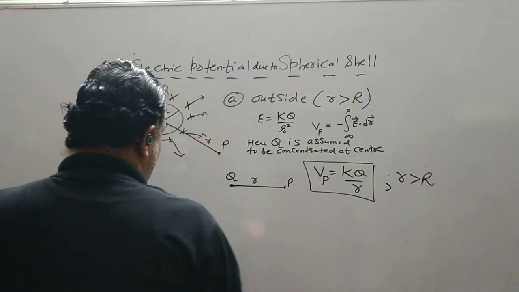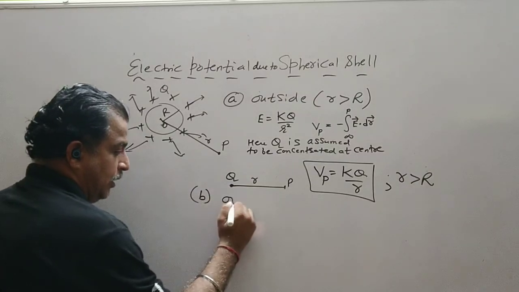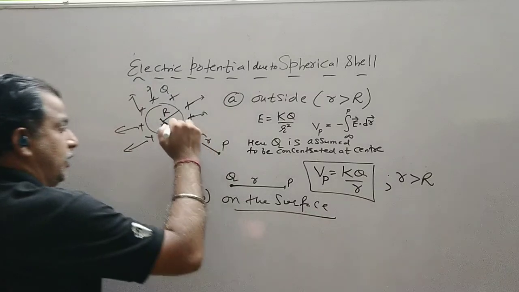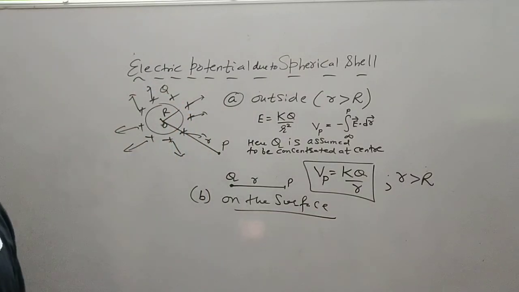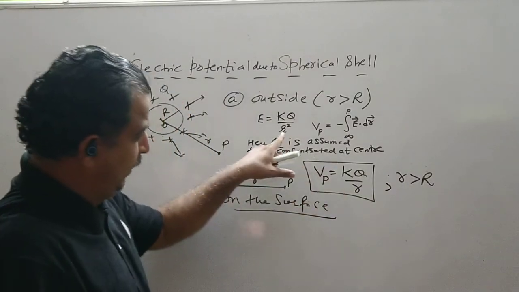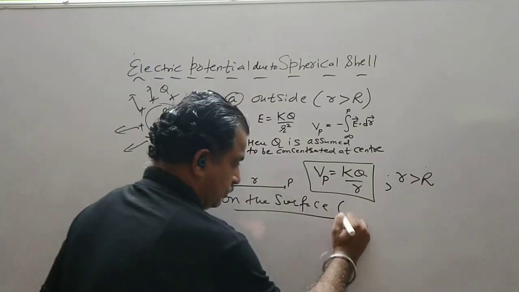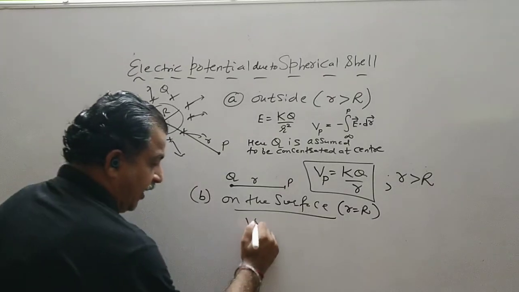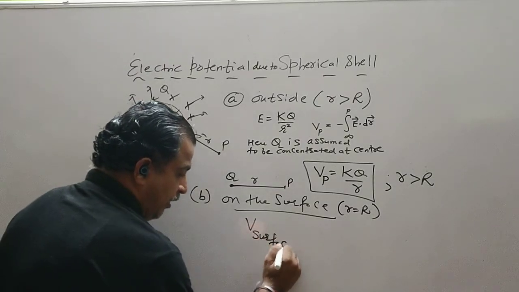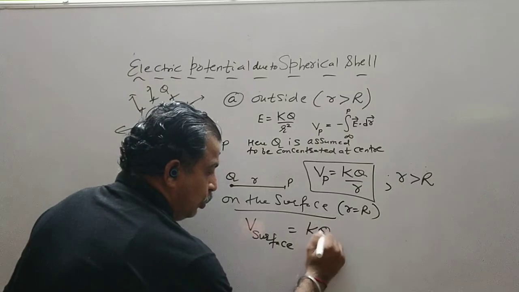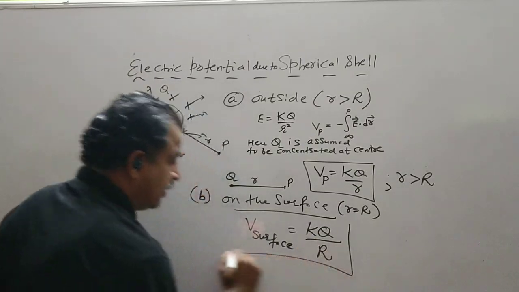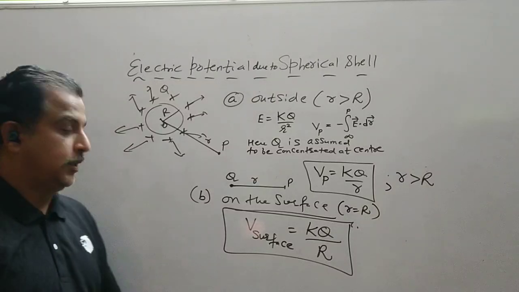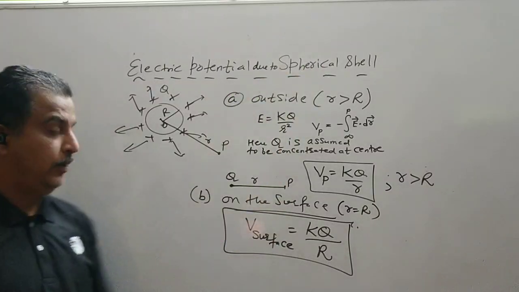Now on the surface, if I come to this surface, I simply substitute small r equal to capital R. So V surface will be simply equal to kq by capital R. So this is the potential on the surface of a spherical shell.